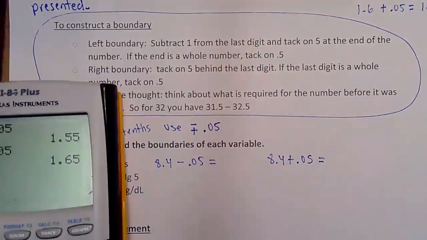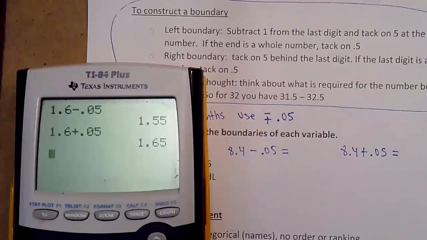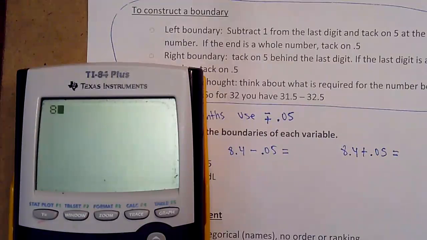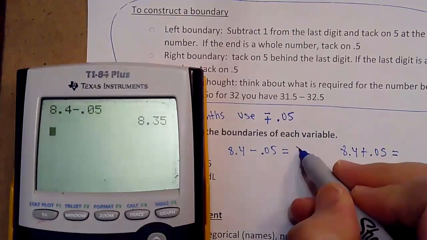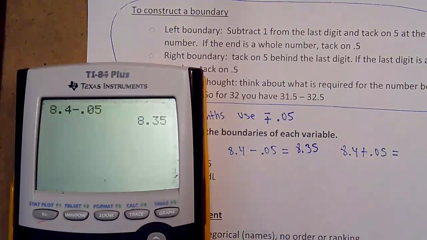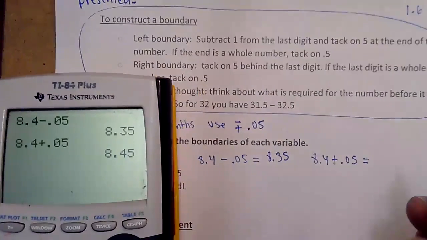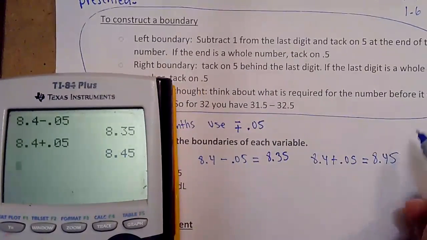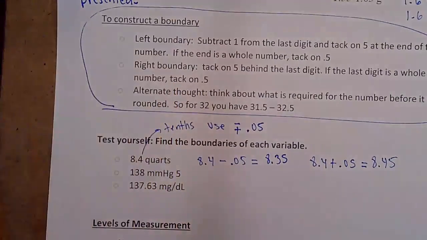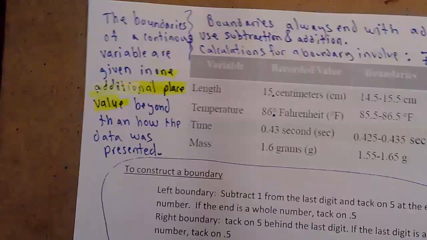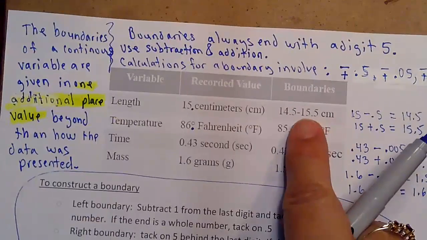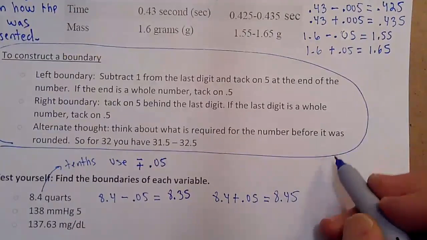Okay, so let's see. 8.4 minus 0.05 is 8.35. 8.4 plus 0.05 is 8.45. Then when I write it up, I'm going to write it the way they did here, with the boundaries.